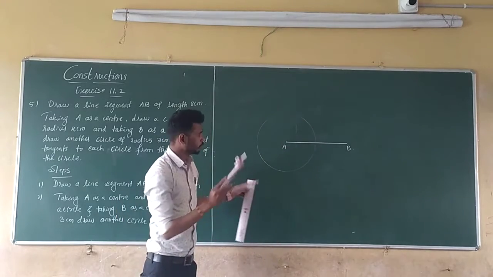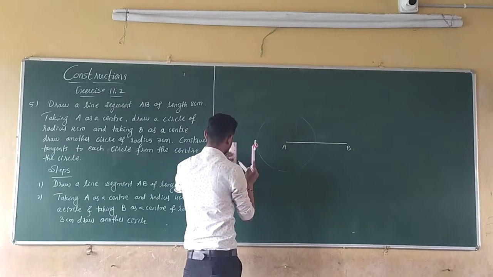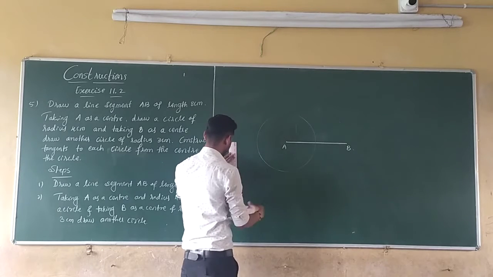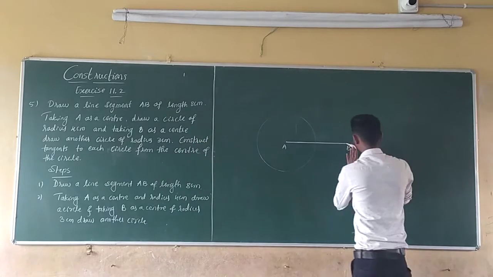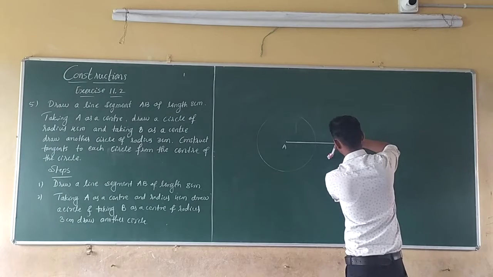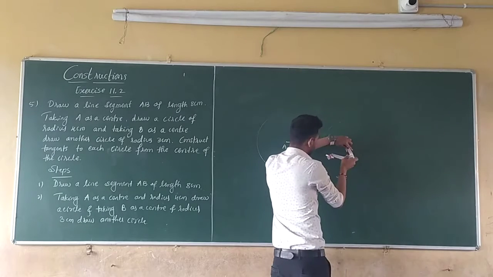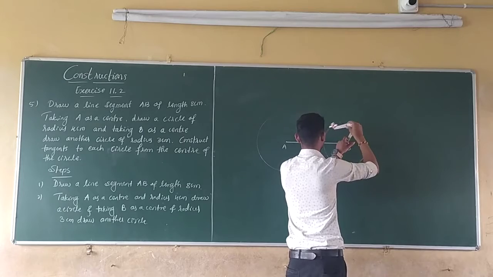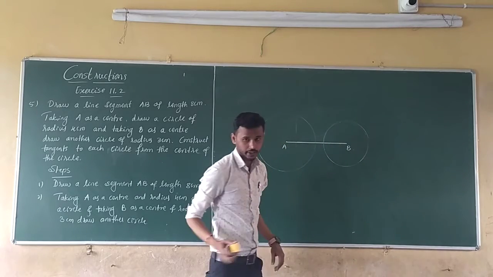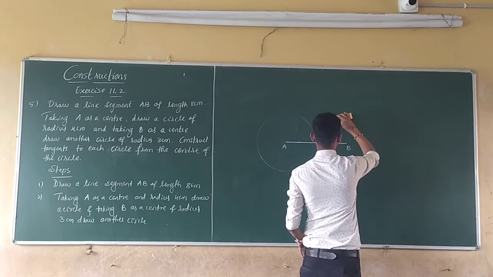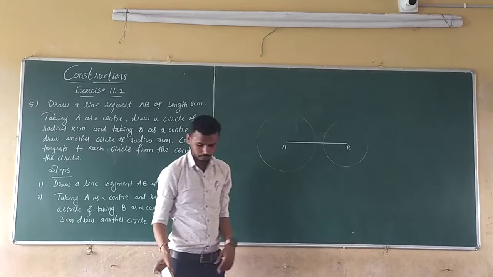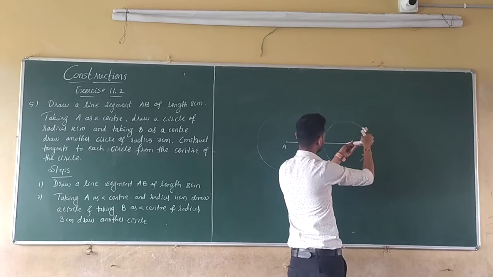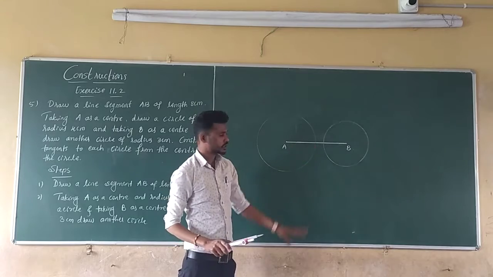And similarly, using B as a center and radius 3 cm, draw another circle. So these two are the circles now.